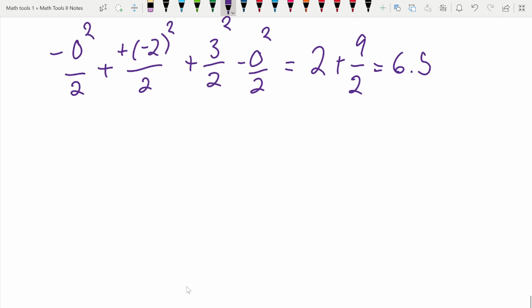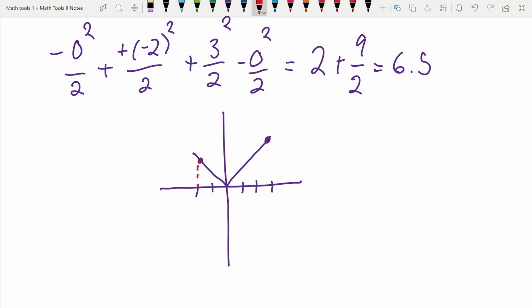We could actually verify this one if we wanted to, because this does just make triangles. So we could verify this geometrically, which is nice to do when we can. This goes up to 3, and then negative 2 goes up here. So this is a triangle with height 2 and width negative 2.